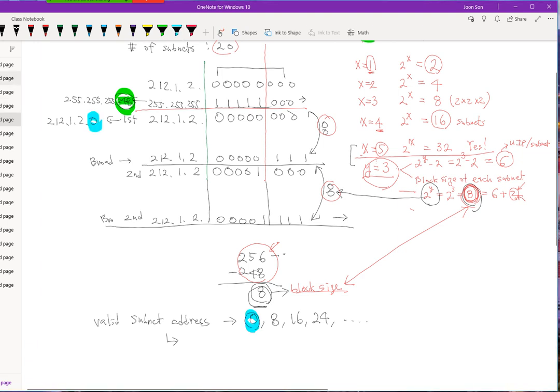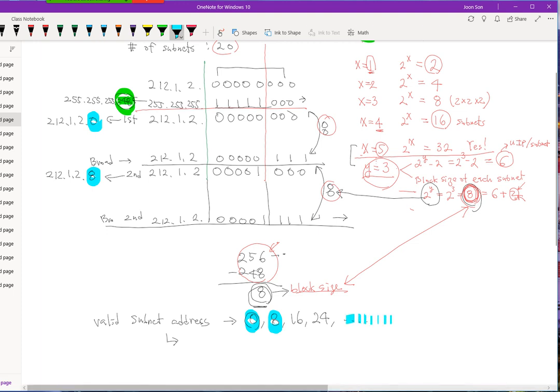And then the valid second subnet address is 212.1.2.8, right? And then the third one is going to be 212.1.2.16, and you can just go all the way.